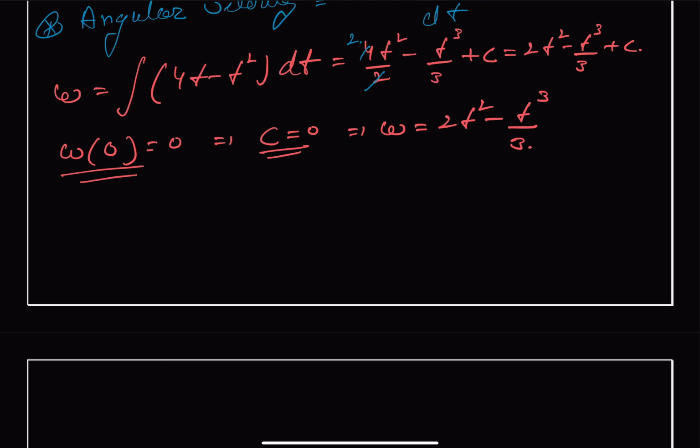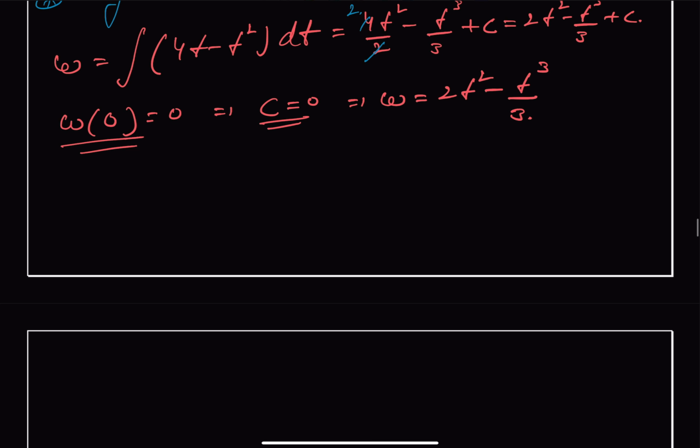Now, like I said, the reversal means omega is equal to 0. So we substitute, and we get 2t square minus t cube by 3 is equal to 0.